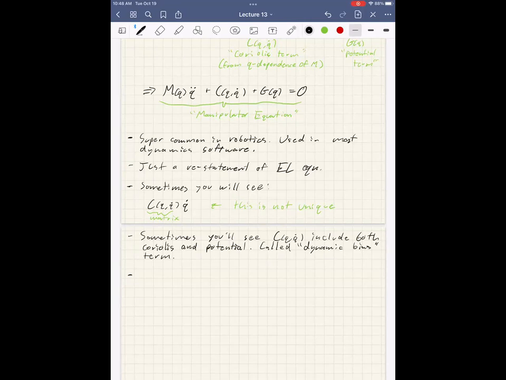If I want to simulate the system, I need to solve for q double dot, right?